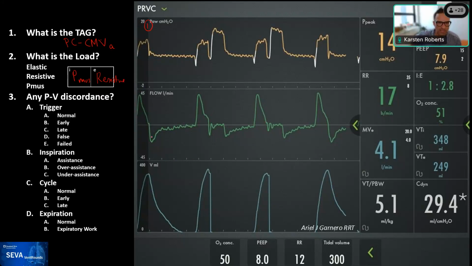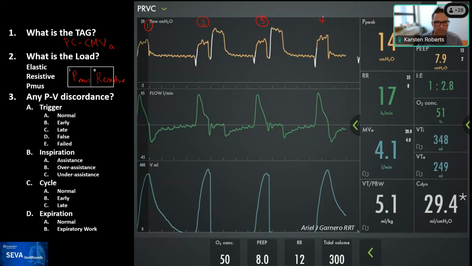So I think that it's easy. Eduardo had already started to label the breaths, and I think that might help us moving forward, to look at each of the breaths in sequence.